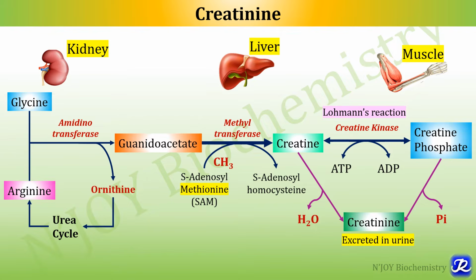So the formation of creatine occurs in the liver, which is then circulated and it reaches the skeletal muscle, and in the skeletal muscle it is stored in the form of creatine phosphate. And in the skeletal muscle itself, creatinine is formed from the creatine by non-enzymatic reaction, and that creatinine is then excreted in the urine, and it is a good indicator of kidney function.